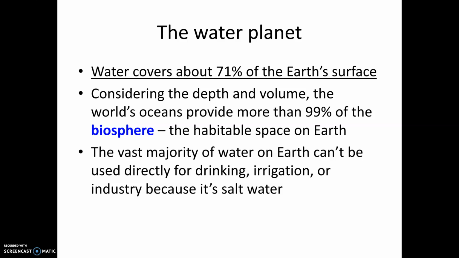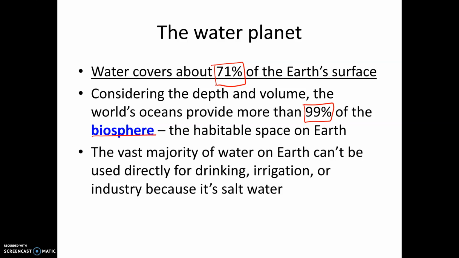So let's talk about the Earth. Our Earth would also be considered our water planet. Water covers about 71% of the Earth's surface. Because of the depth and volume of the Earth's oceans, it provides more than 99% of the biosphere, which is this habitable space on the Earth.